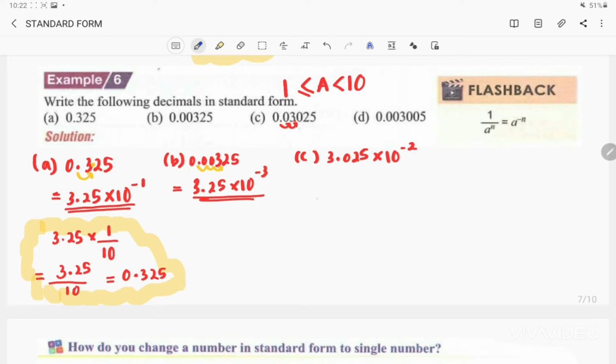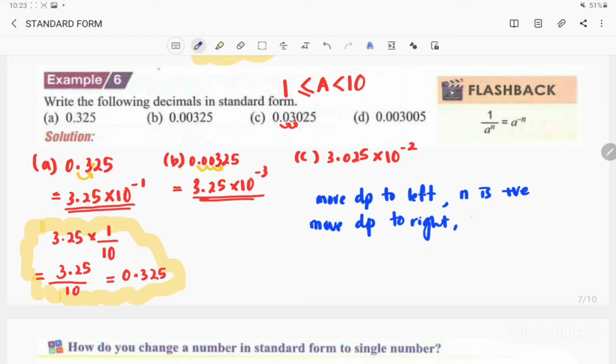Okay, I write here, move decimal point to left. Okay, so n is positive. Kalau move decimal point to right, n is negative.